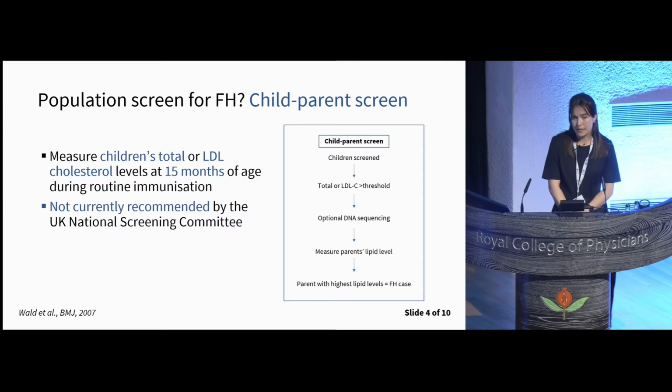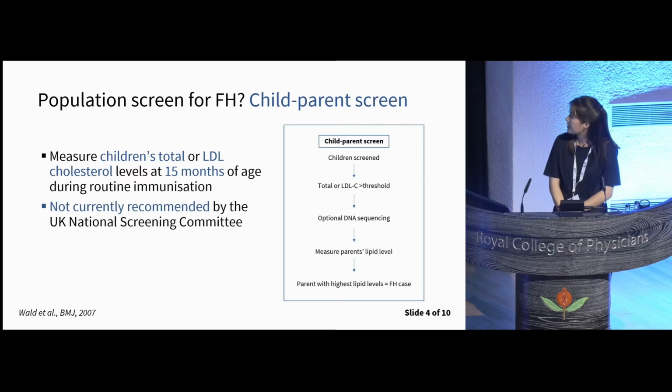As I mentioned, LDL cholesterol concentration is not very accurate in detecting monogenic FH cases in adults, but it's actually quite accurate in children because lifestyle factors have not had as much of an influence on their cholesterol levels.